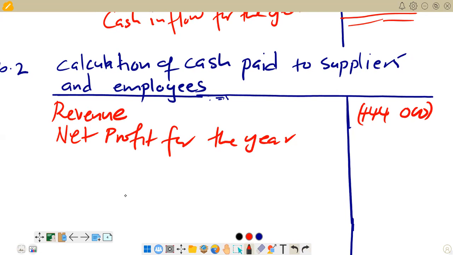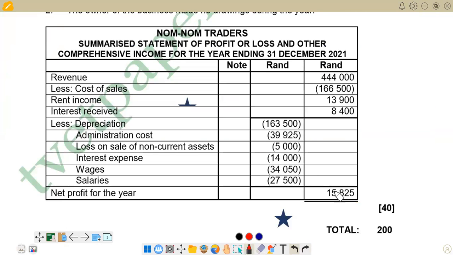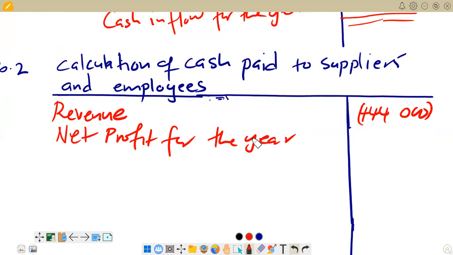So if you come back here to find the figure for net profit, you see that this is the figure for net profit, which is 15,825. So this is the one that we are going to put there. Remember, we said we are going to add it to that one. We are going to add that figure to the figure that we have there.